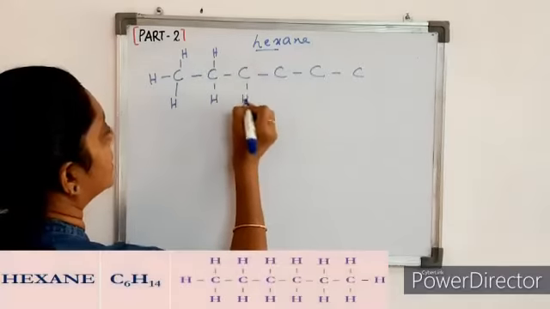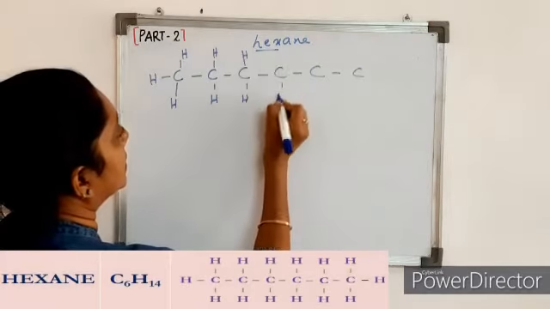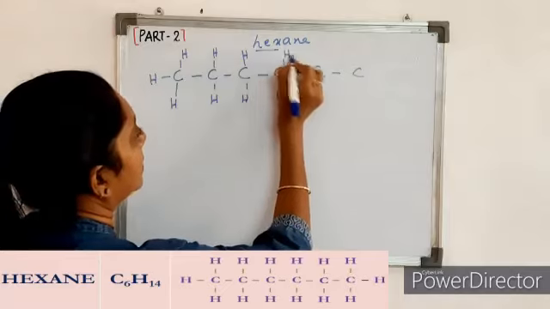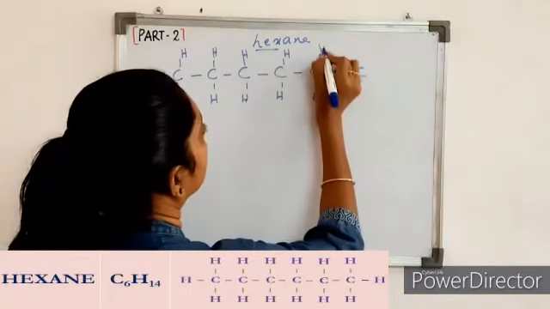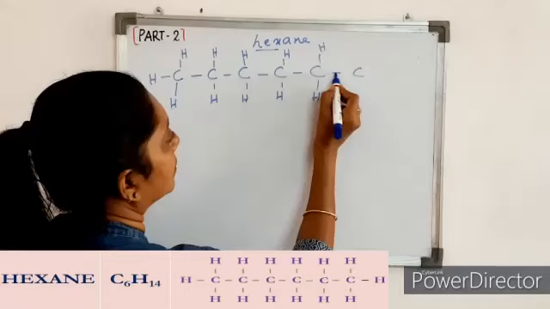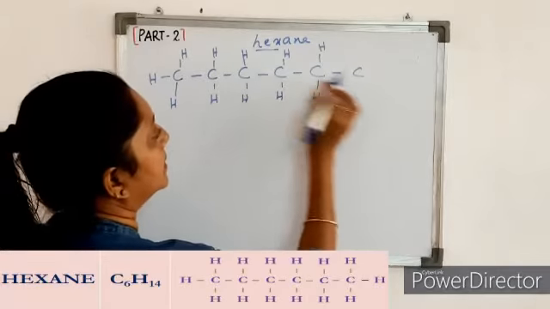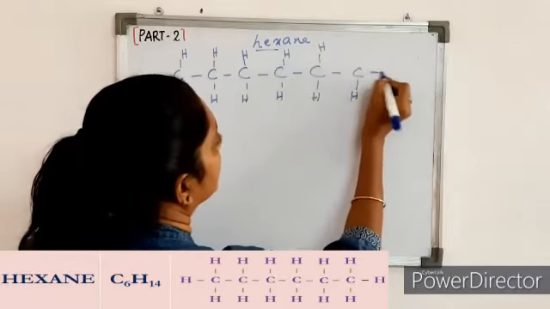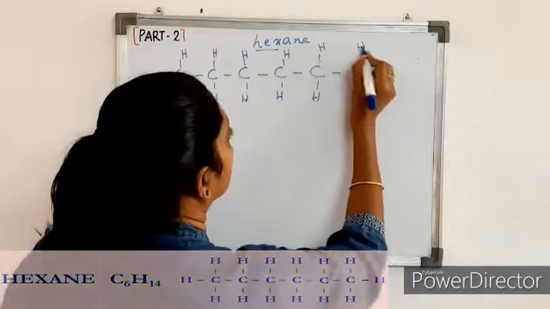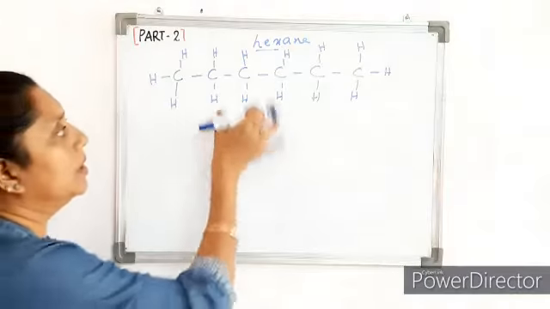All the valency of each carbon atom is achieved in this way. One valency of this carbon atom is satisfied with the neighboring carbon atom and the others with hydrogen atoms. This is the structure for hexane.